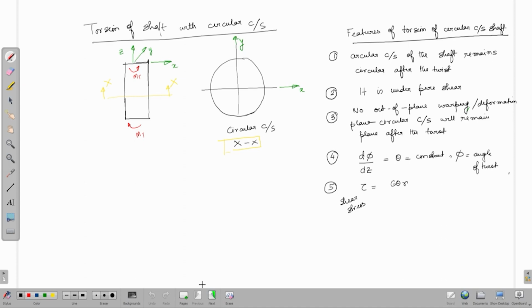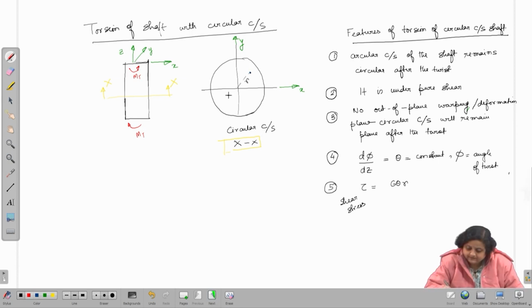As we have mentioned in the previous lecture, the shear stress at any point on the cross section of the circular shaft is proportional to the distance of the point from the center of the shaft. So, let us take any arbitrary point on the shaft, which is at a distance r from the center O. Now, at this point P, we have a shear stress.